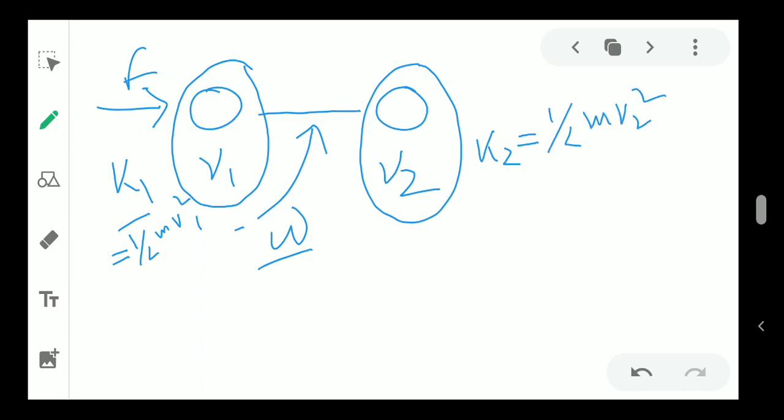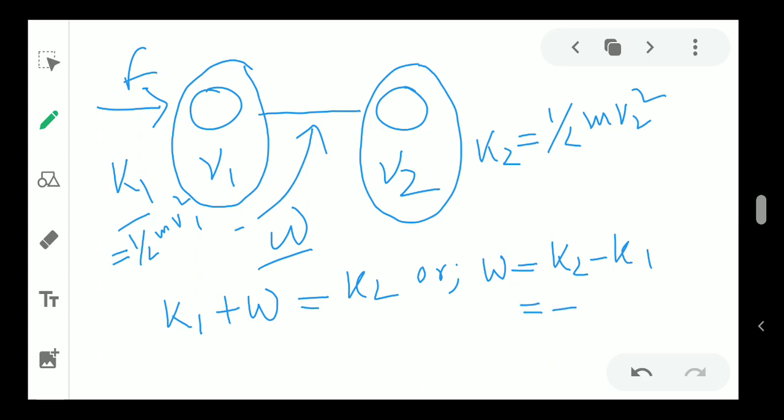So I can say that K1 plus my input work done, that is my transfer of energy, is nothing but the final one. So I can always write from this that W is equal to K2 minus K1.